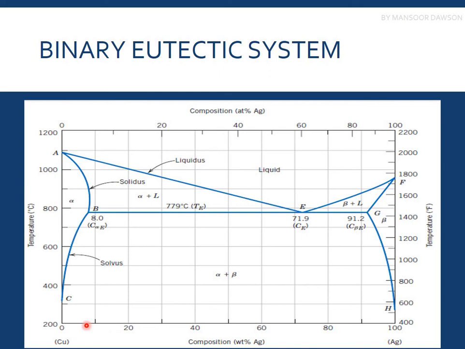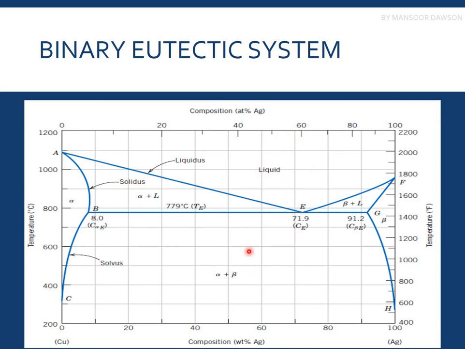The percentage of silver is increasing, and this area is the liquid area, bounded by the liquidus line, and this line is the solidus line. While we cool down the liquid at 71.9% silver, the whole liquid converts into alpha and beta phases.